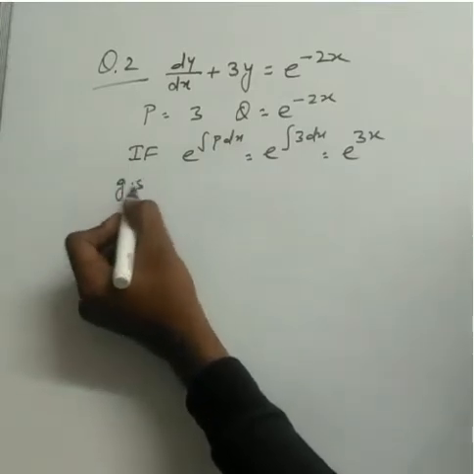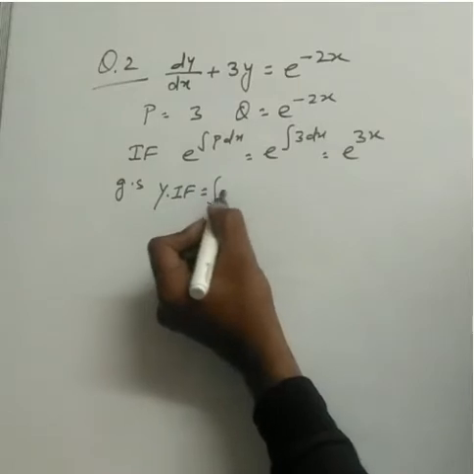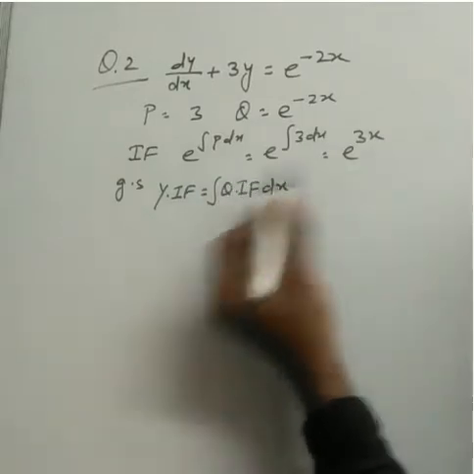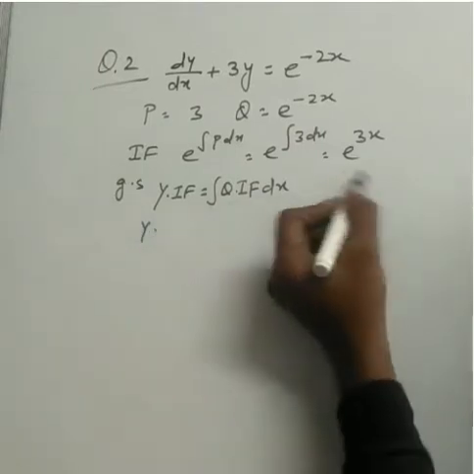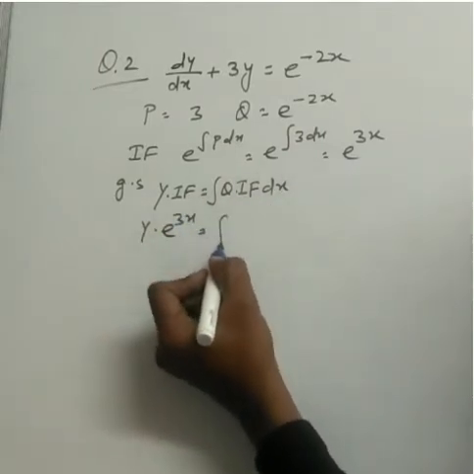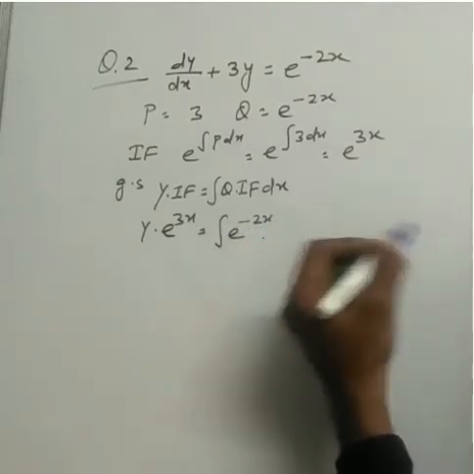Now the general solution: y into IF equals integration of Q into IF dx. IF is e power 3x. Q is e power minus 2x.